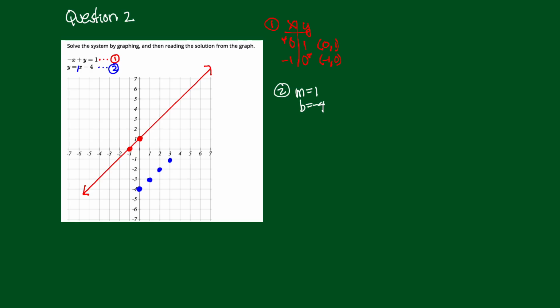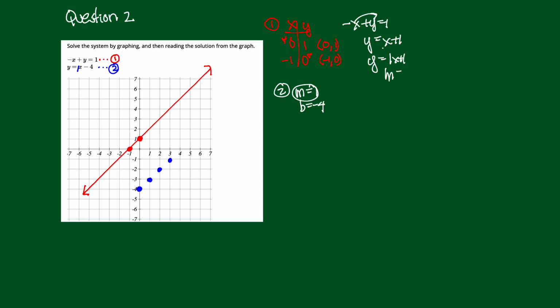So here's what I'm going to do. What is the slope here? The slope in line 2 is 1. What about line 1? Negative x plus y equals 1. So solve for y. I'm going to add x to each side: y equals x plus 1. So now this is y equals 1x plus 1.